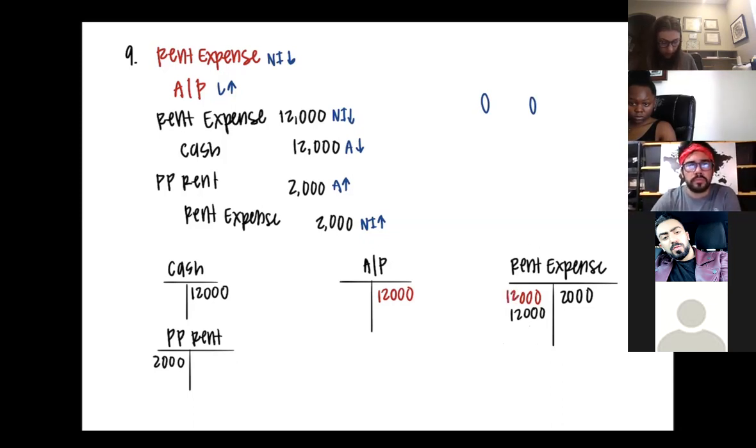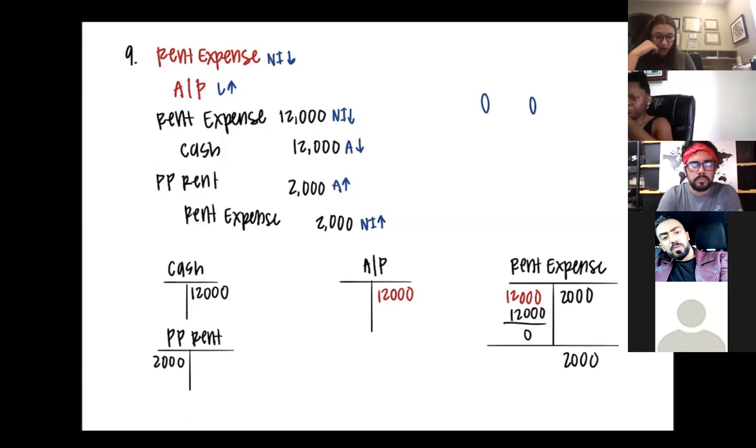So since they did this part correctly, the debiting of the rent expense, that cancels it out, right? So this makes it 0. And so now they need to unexpense it by 2,000. So our net income is overstated because they have to unexpense it by, no, understated, sorry, right?